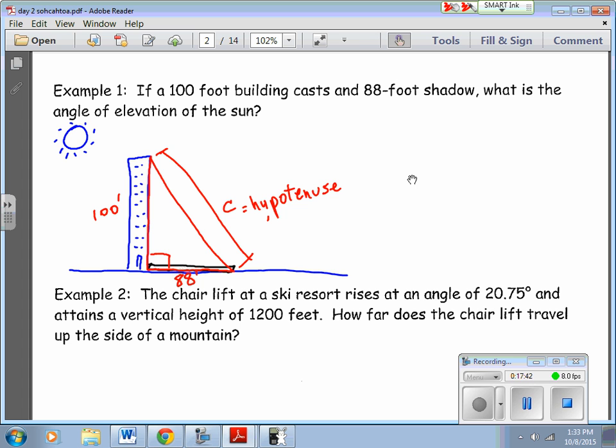Now remember what the note said earlier about angle of elevation. It's something going up, right? So there's 2 angles here.